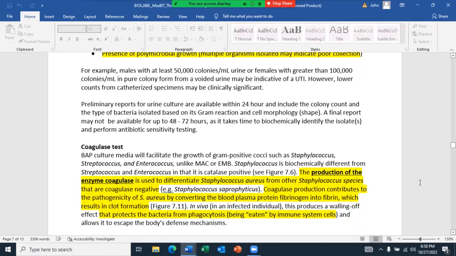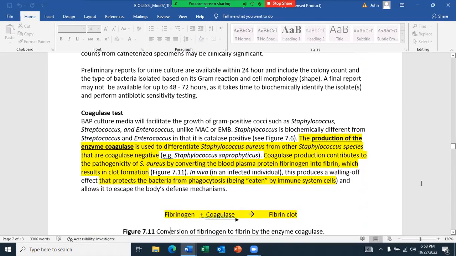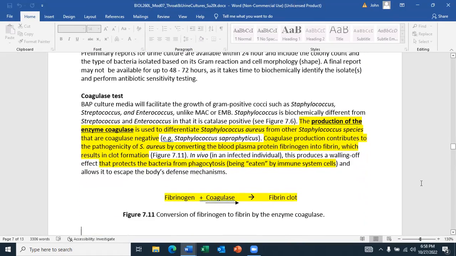All right, so once you get growth, you then start doing some tests. One test that you can run is the coagulase test, and it allows you to distinguish Staphylococcus aureus from other gram-positive bacteria, including other members of the genus Staphylococcus.